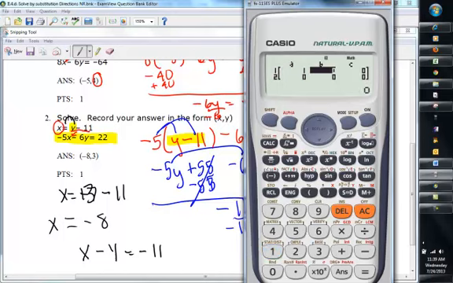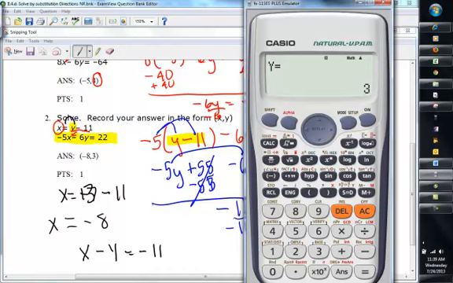So 1, negative 1, and negative 11. And the second equation is negative 5, negative 6, 22. And we get negative 8 and positive 3.